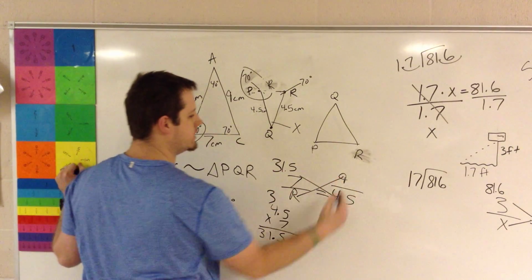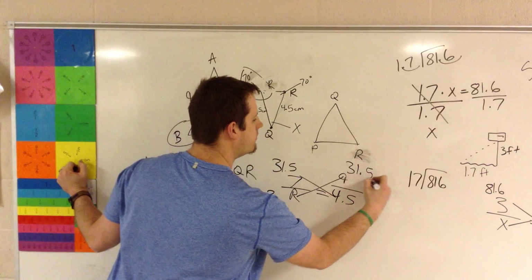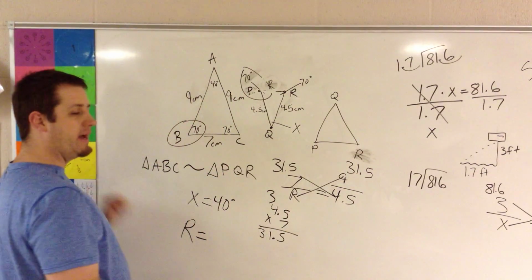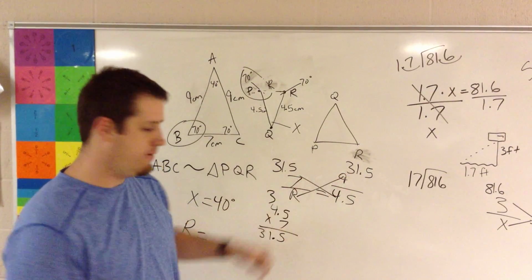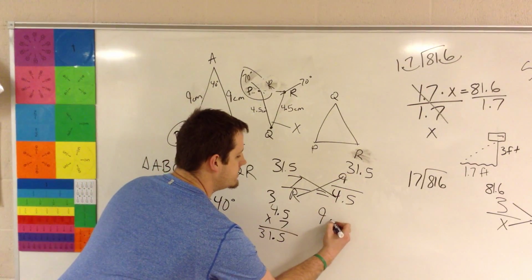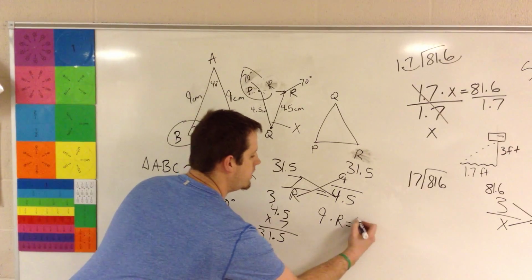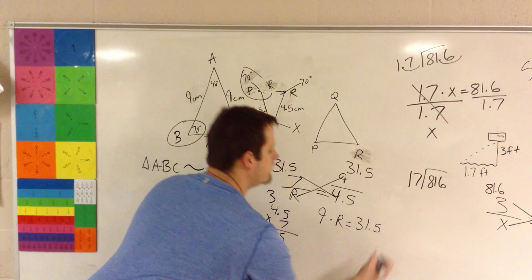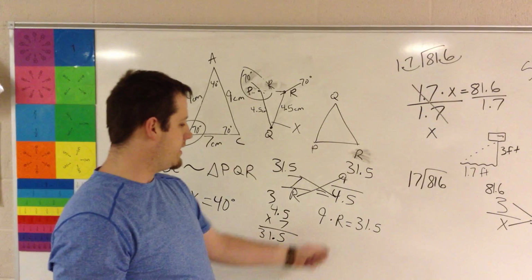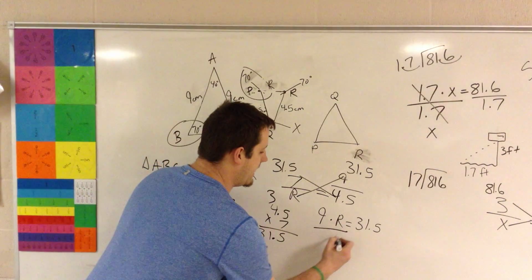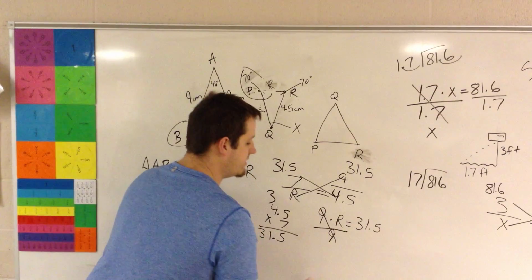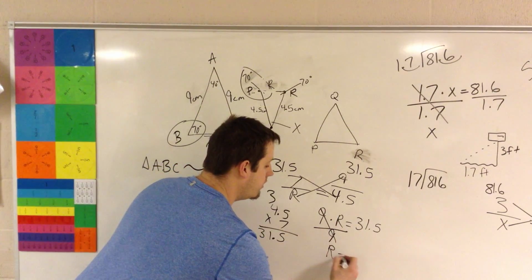What does that mean this is? 31.5. What's my equation that I'm setting up? Remember? 9 times R equals 31.5. How do I get this R by itself? What do I have to do? I've got to divide by 9. That turns into 1, leaving R by itself.